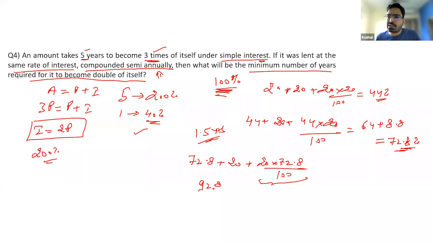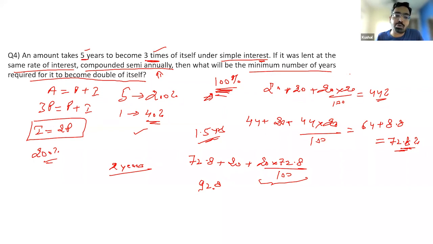So that's the thing that we need to understand, that the moment I go for the 4th term and I complete my 4th term, the amount will become double of itself because it would have given me 100% interest. So it will be a minimum of 2 years will be required, because it cannot happen in 1.5 years, right? So that's the answer for this question, that it will require a minimum of 2 years to double itself.